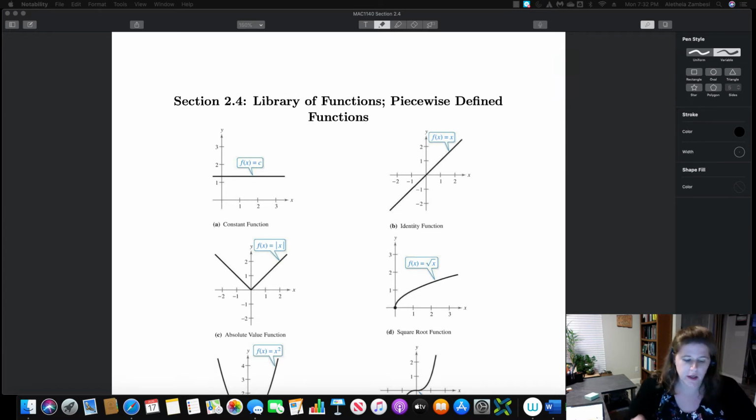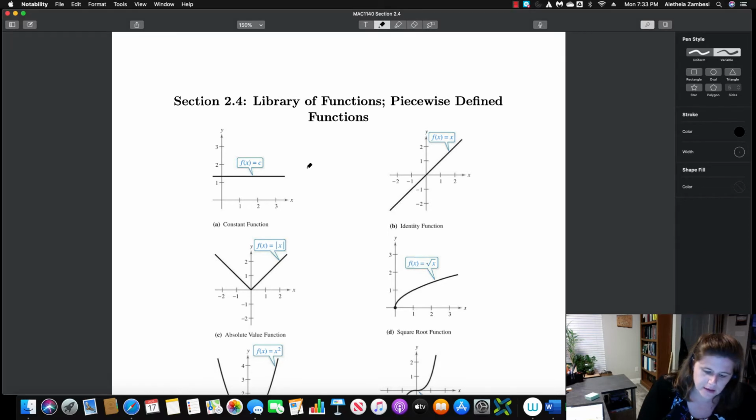The first one is called the constant function, and that's f of x is equal to c, where c is some constant. So this would be like f of x is equal to, say, 1.3 or 4/3. So it is just a horizontal line and goes straight across the page.